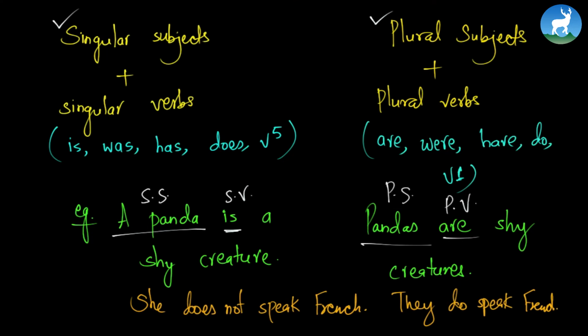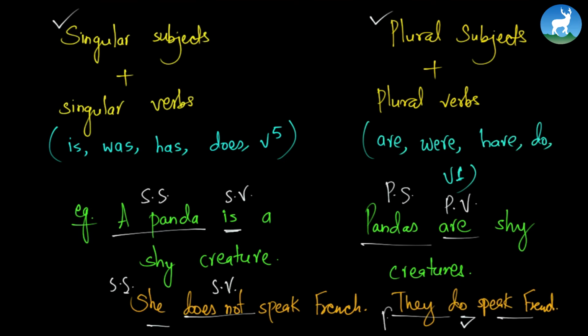Now that is a plural verb. Very shy. She does not speak French. Now does not is a singular verb. She is a singular subject. They do speak French. Now in this sentence the word do is trying to emphasize something, is trying to give priority to speaking French.